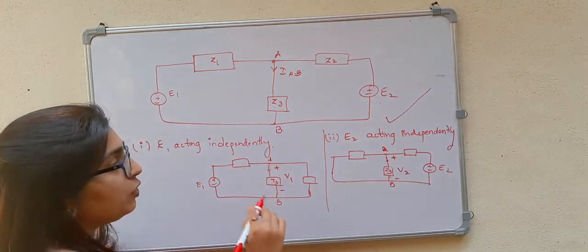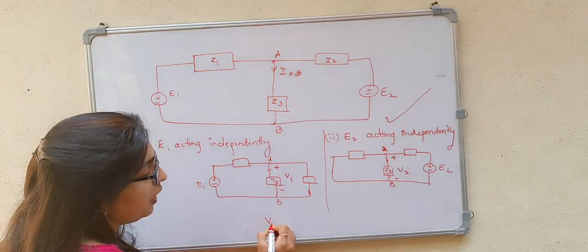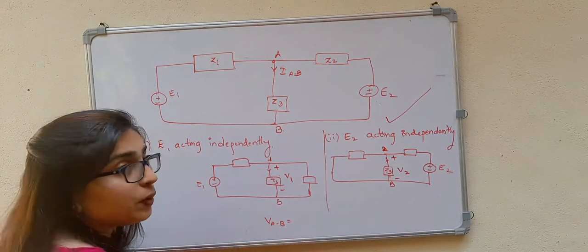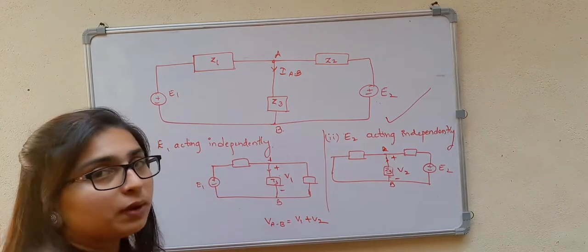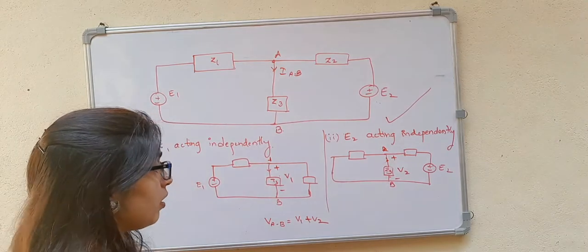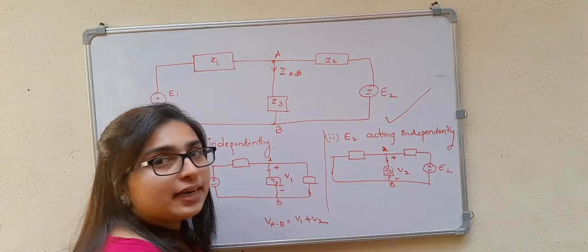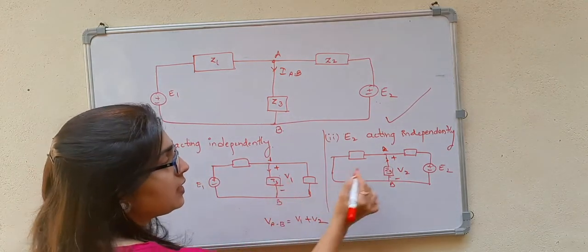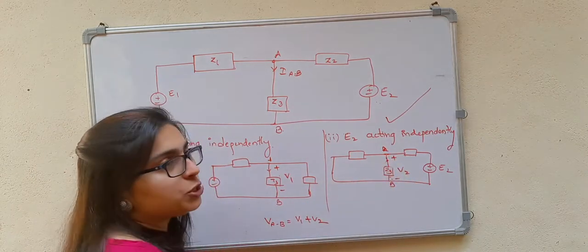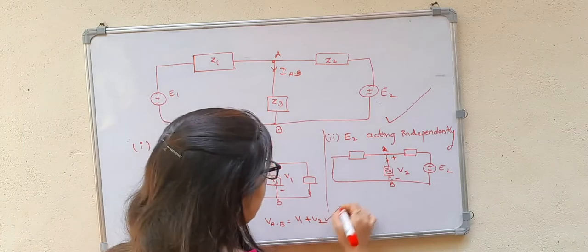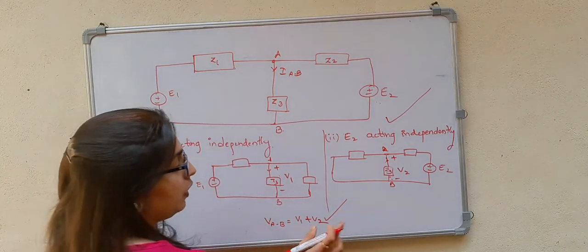Now according to superposition theorem, we will have the resultant voltage VAB equal to V1 plus V2. Okay, V1 plus V2. That is when the polarities are the same, plus minus plus minus. Okay, that is A is at higher potential than B. Then VAB is V1 plus V2.